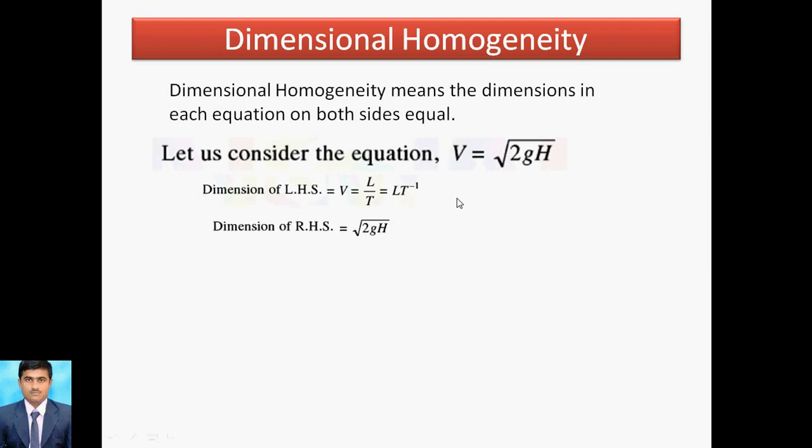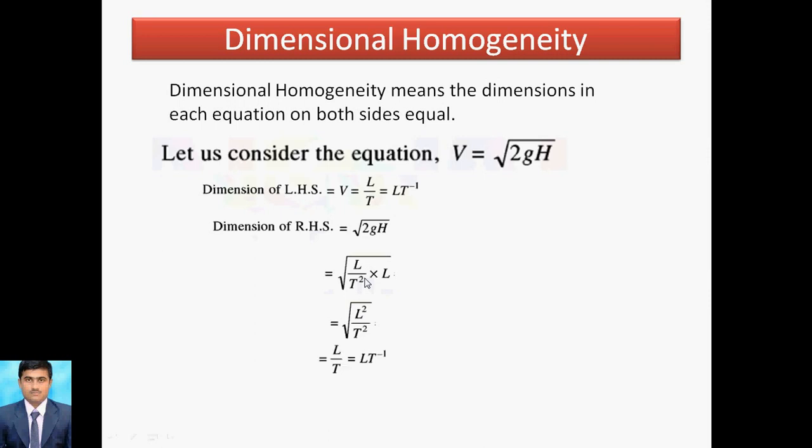The dimension for RHS is root 2gh. For root 2gh, g means acceleration due to gravity, and 2 is a constant, so it cancels out. Acceleration due to gravity means meter per second square. Meter is L, second square means T square. So this becomes square root of L square upon T square.